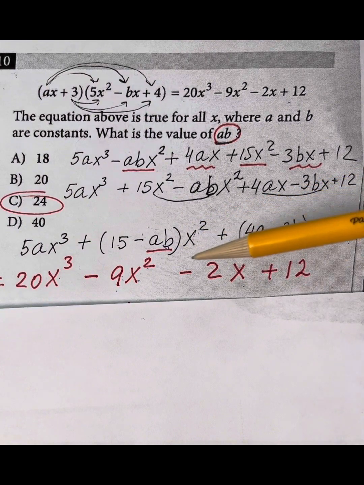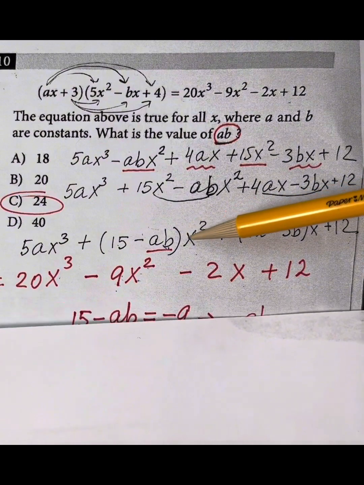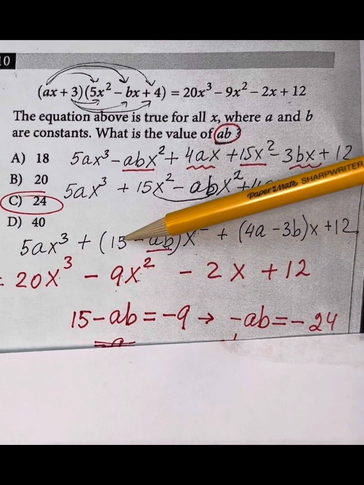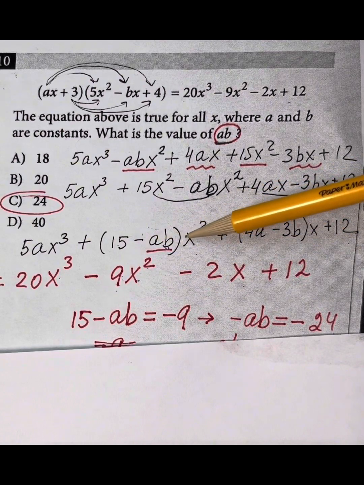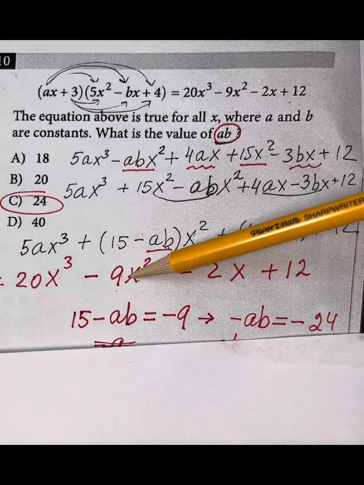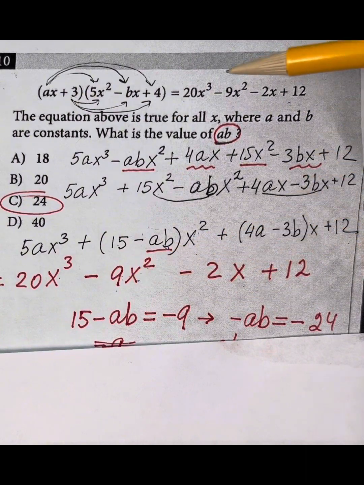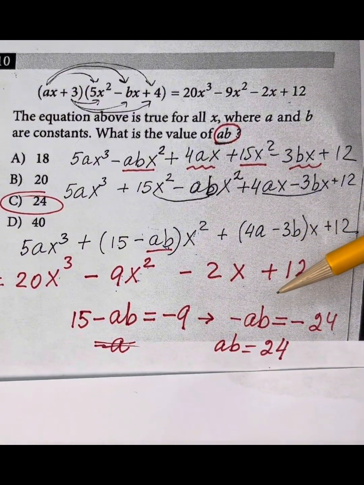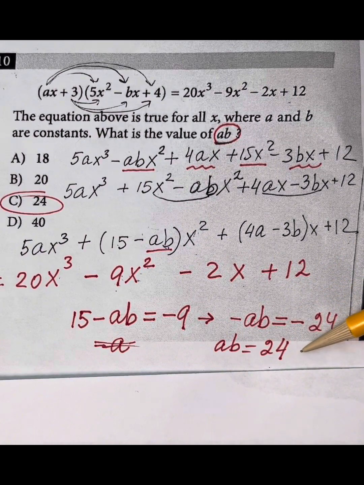So we can set up the next very simple equation. That coefficient, 15 minus ab, must equal negative 9, because again, corresponding terms must be equal. And from here, it's very easy to solve and answer the question. So ab must be 24, and that would be your answer for this question.